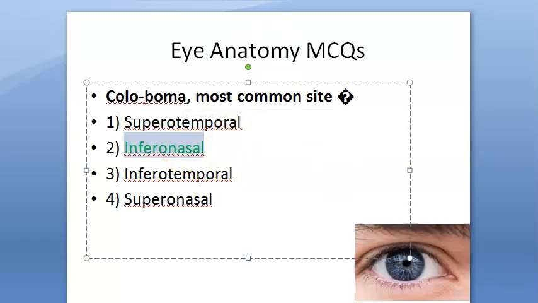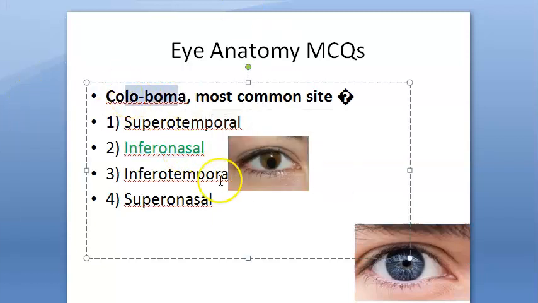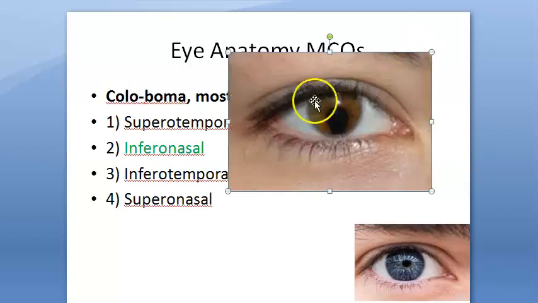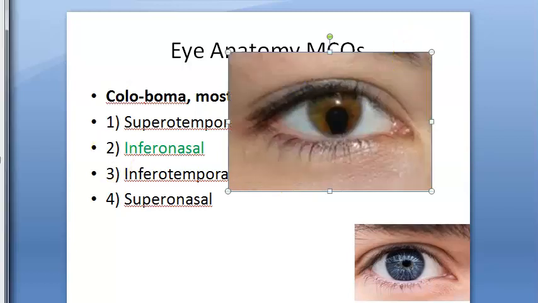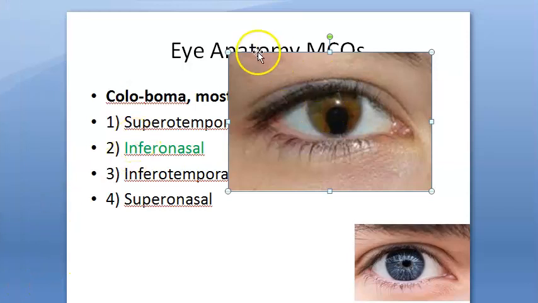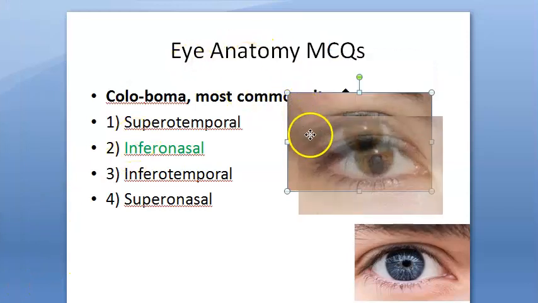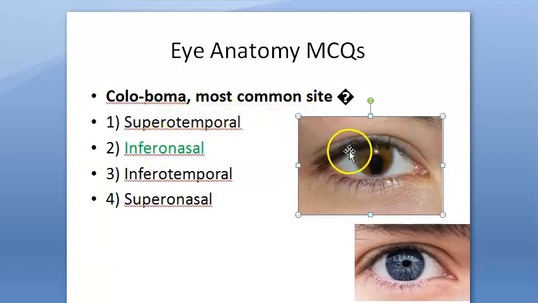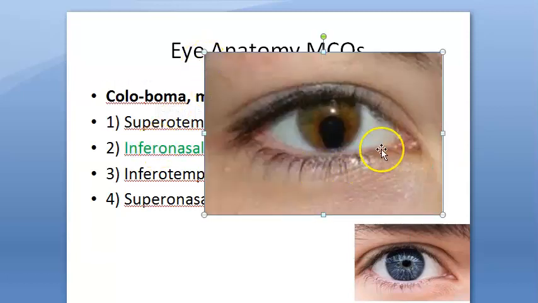Coloboma looks like some absence of some tissue. It could be absence of iris, ciliary body, choroid, etc. It can even be the absence of lens, coloboma of lens. So they are asking the most common site of coloboma, and they are saying it is inferonasal.